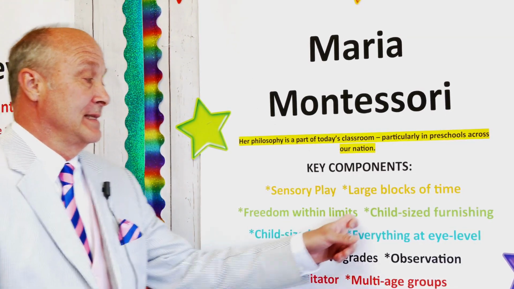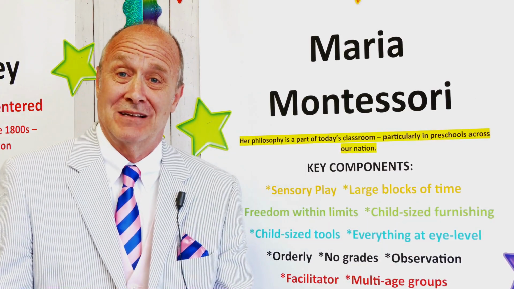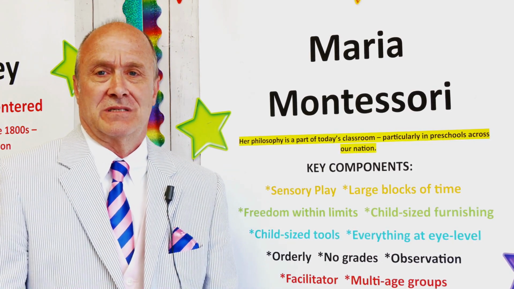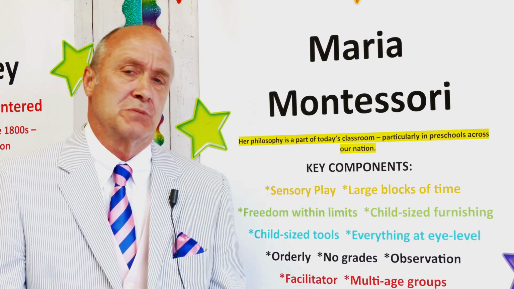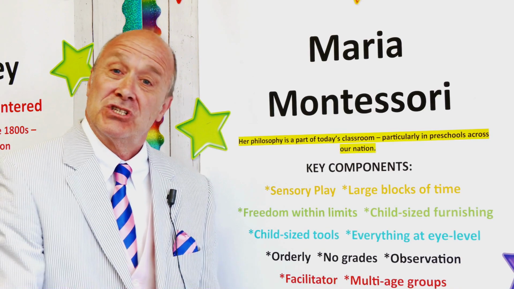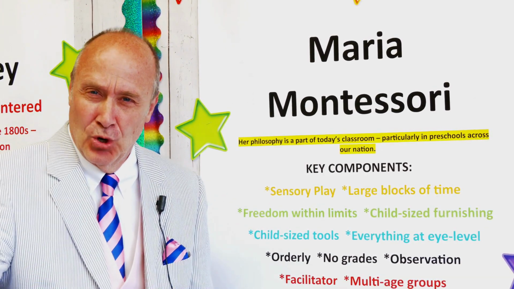So freedom within limits and large blocks of time. A child in the Montessori classroom can choose among some of the choices that a teacher gives of what they want to do during this large block of time at the beginning of the class time. And every child has his or her own rug that they pull out and unroll.